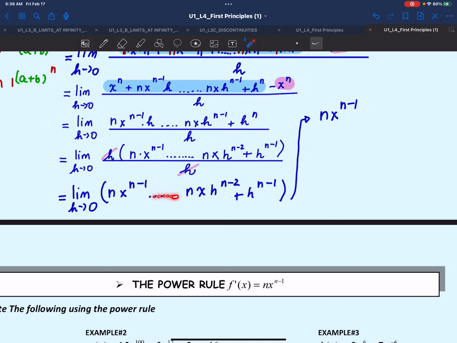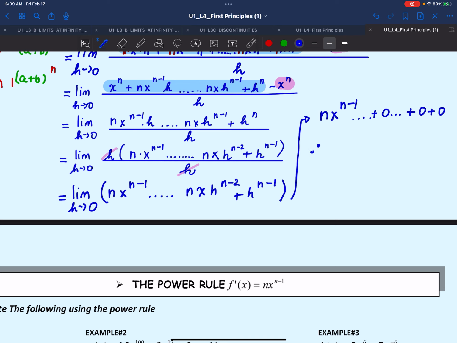Multiplication by 0 will give each term a value of 0. When we substitute h by 0 in this term, then we'll have n times x times 0 to the power of n minus 2. So this term will also turn into 0. H equals 0 means that we have the number 0 here to the power of n minus 1, which is also equal to 0. So we're going to say that the rest of the terms in here will be zeros.